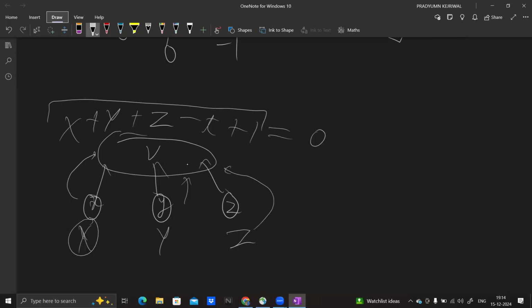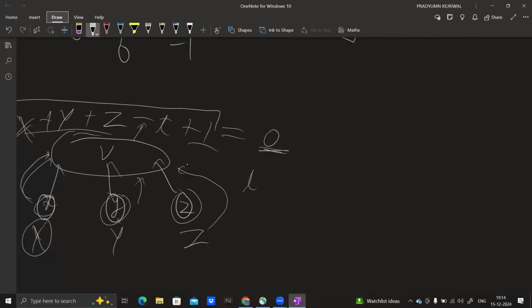If X lives for X years, then it will give X candies to V. So V will get X from this X, Y from this Y, and Z from Z. Initially it had one, but it is also giving to its parent, so it will lose T candies, where T is the amount of time that it is alive. And finally, when it dies, it is left with no candies, so it is zero. Therefore, from here we can say that the time that it is alive is equal to x plus y plus z plus 1.